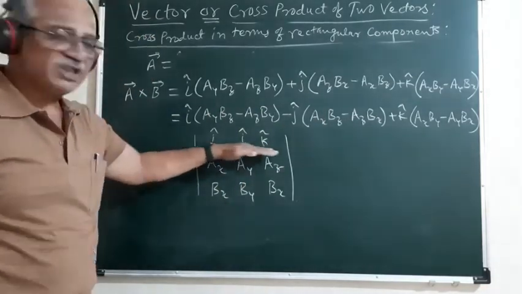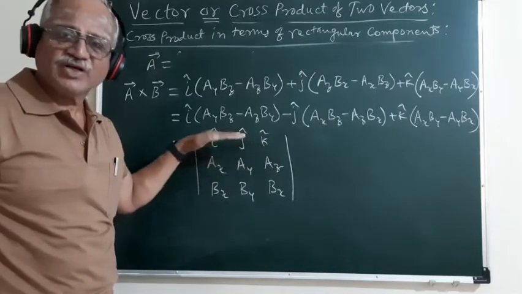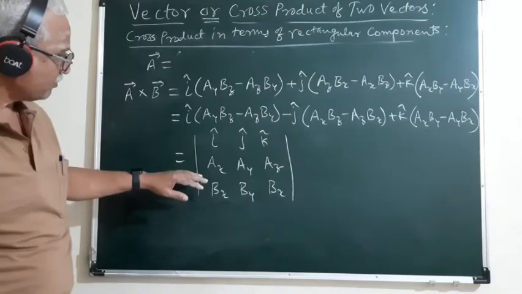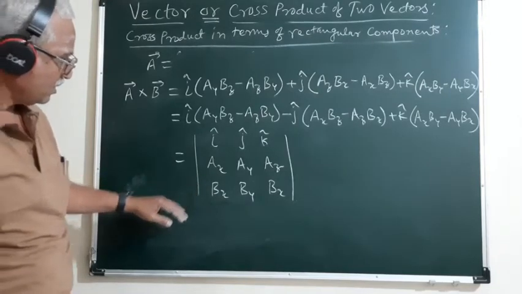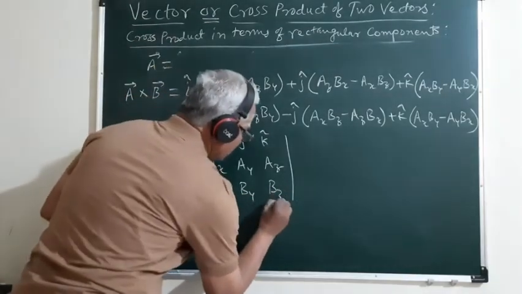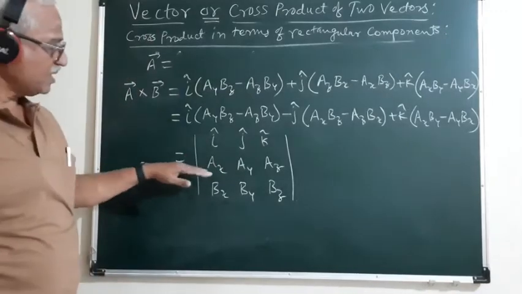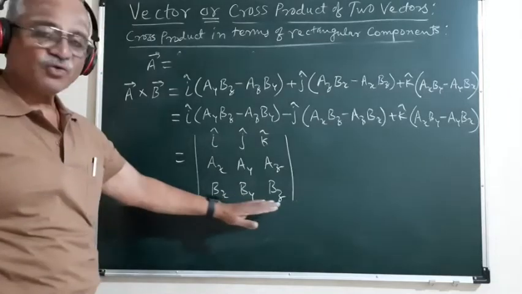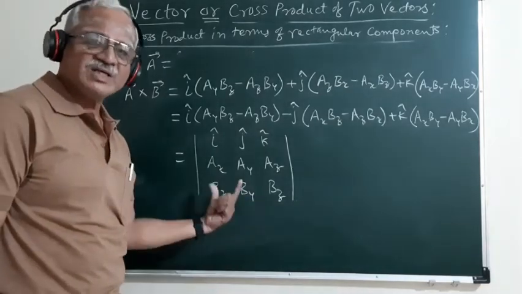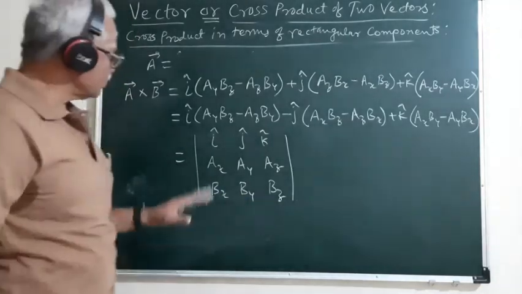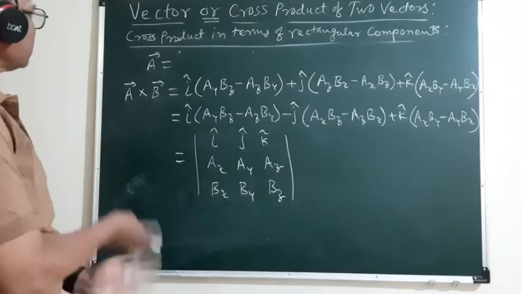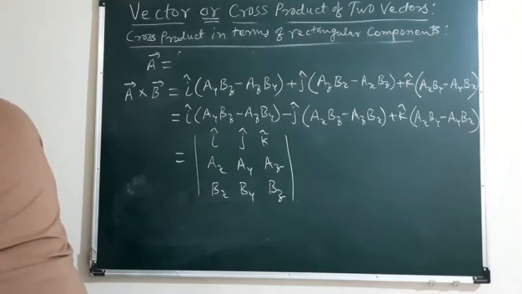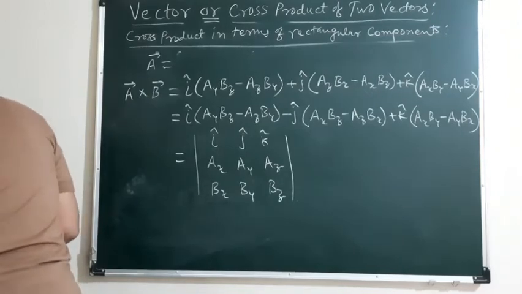The first row of the determinant is the unit vectors i, j, k, the second row is the components of the first vector in the product, and the third row is the components of the second vector in the product. So this is how we can express the cross product of two vectors in terms of their rectangular components.